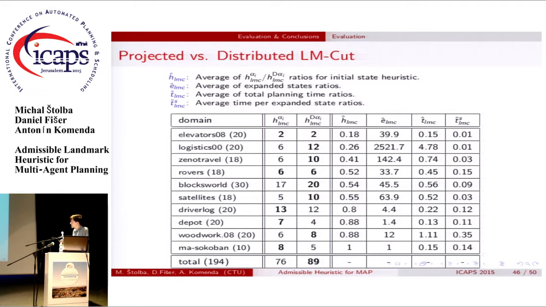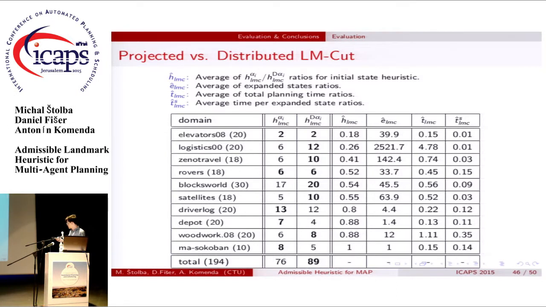So here again the overall time of the distributed heuristic is better. On the other domains, the distributed heuristic takes a longer time, but it's not that dramatic a difference. We actually expected it to be quite a bit worse.